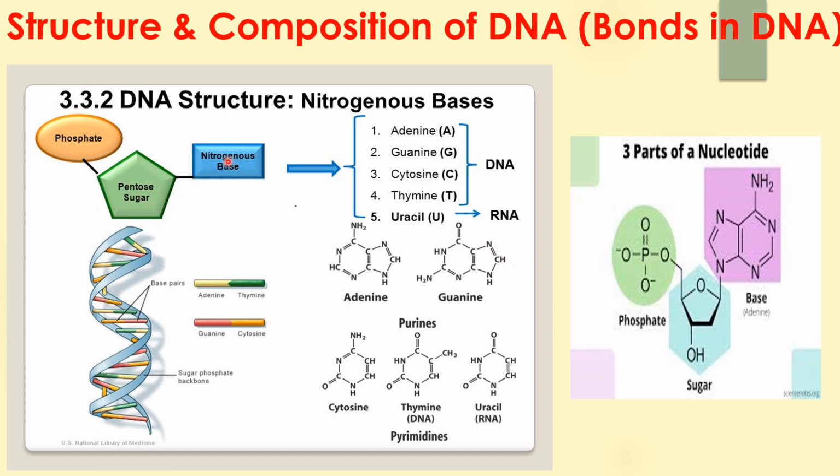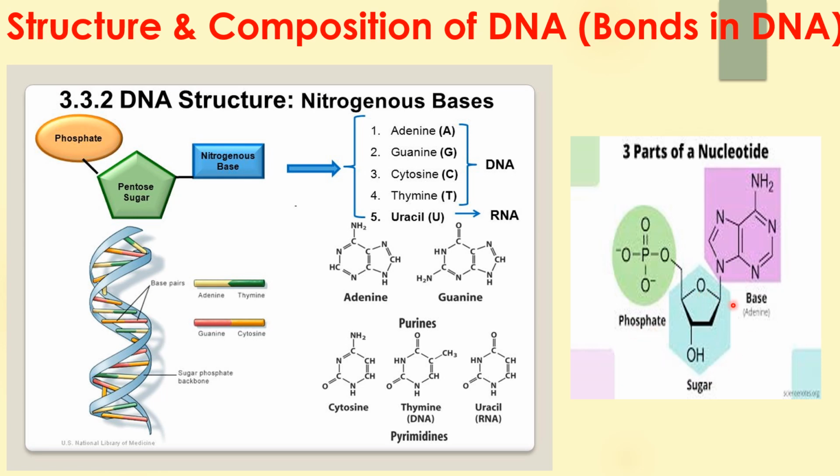So, pentose sugar, nitrogenous base, phosphate, and this sky color is the backbone, made up of 3' to 5' phosphodiester bond linked with pentose sugar. We call it the sugar phosphate backbone. Three parts of a nucleotide: nitrogenous base, sugar, and phosphate.